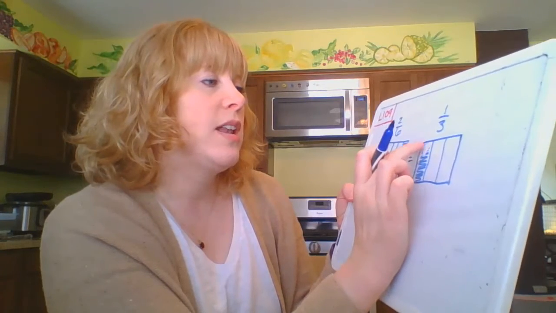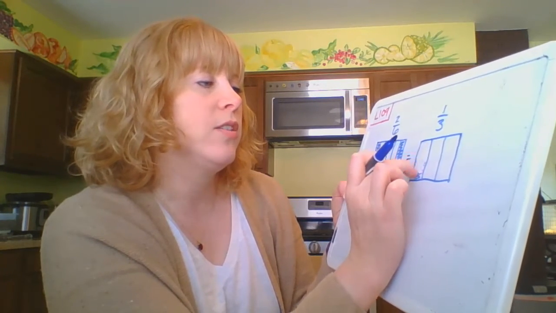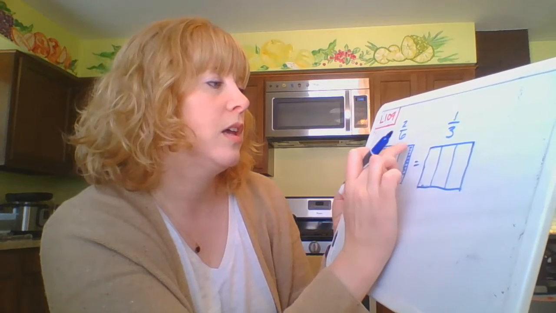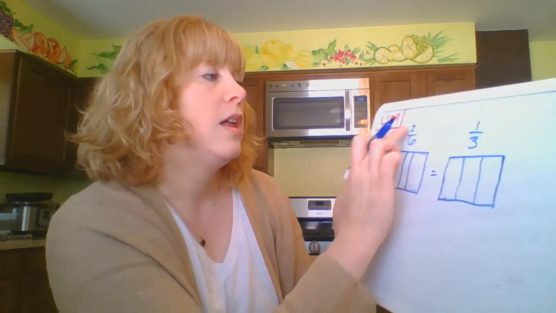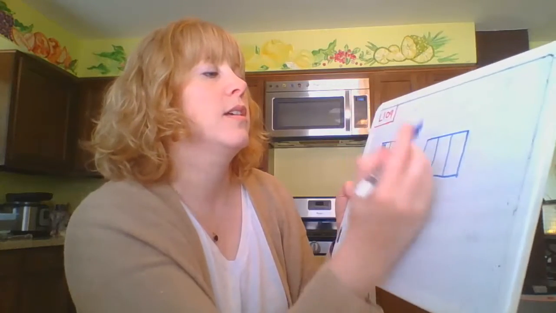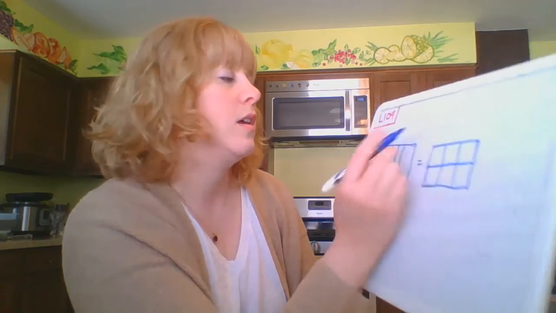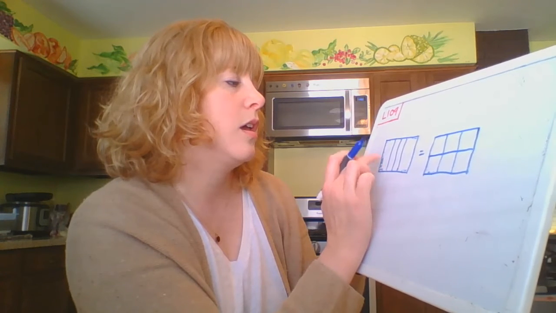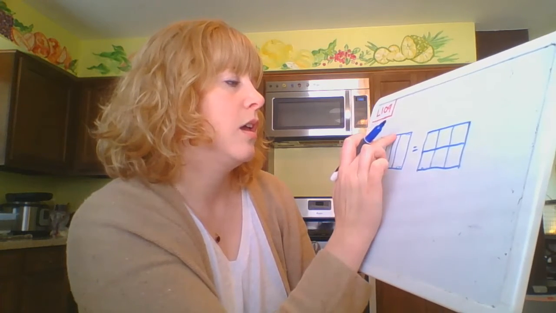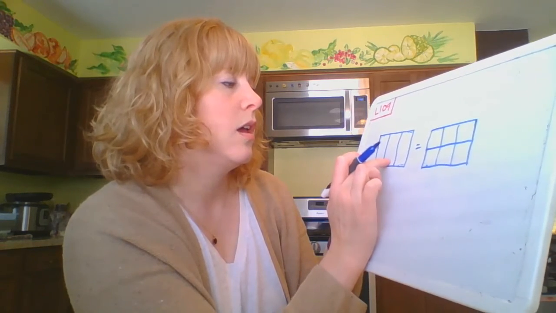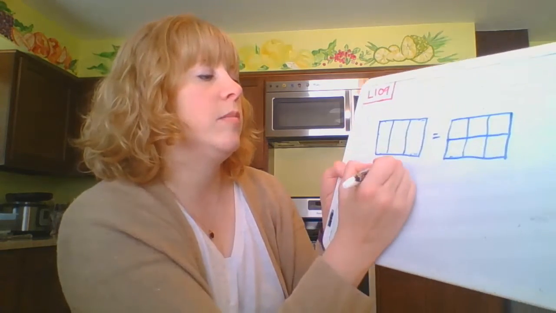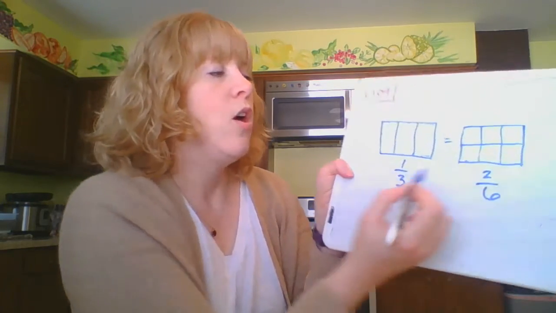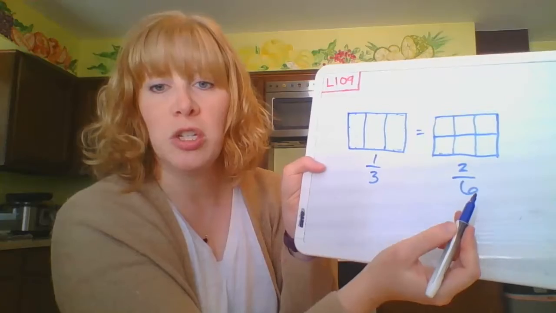I will show this another way with 1/6 because there's a lot of different ways you can draw fractions. All right, I'm going to switch the sides because it doesn't matter what side it's on, it's still going to be equal. 1/3 is equal to 2/6.